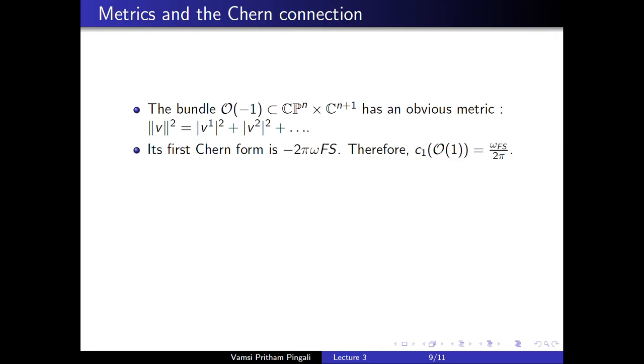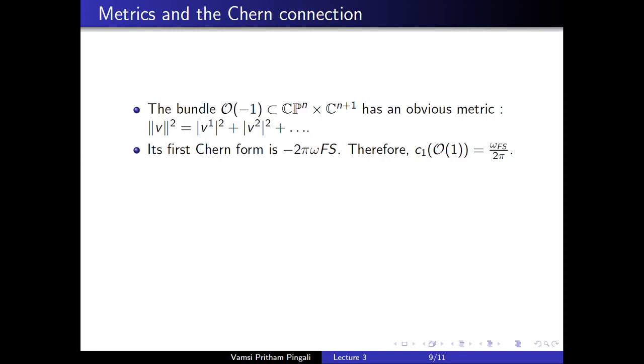If you take its dual one-dimensional vector space and the dual basis, then the induced dual metric is simply 1 over h, where h is the metric on the original vector space. Just like that, if h is a metric on O(-1), locally on O(1) the metric is 1 over h. So the curvature is simply the negative of the curvature of O(-1), in other words, just the Fubini-Study form, up to a factor.